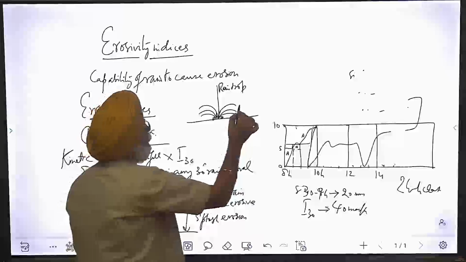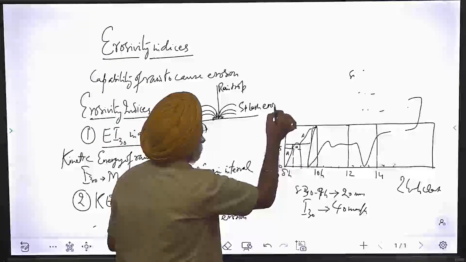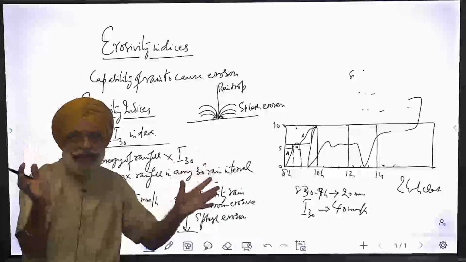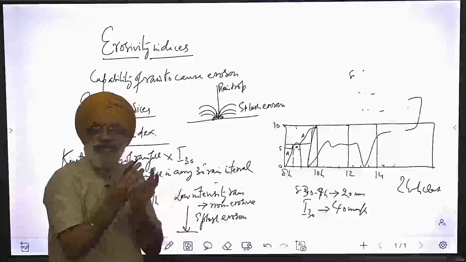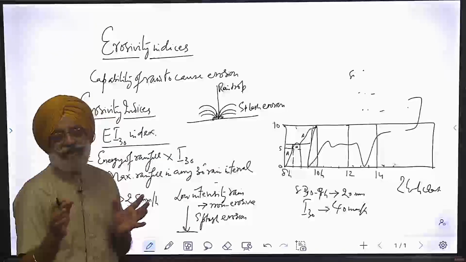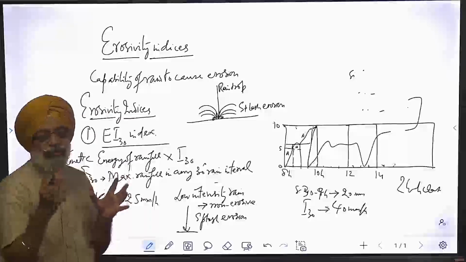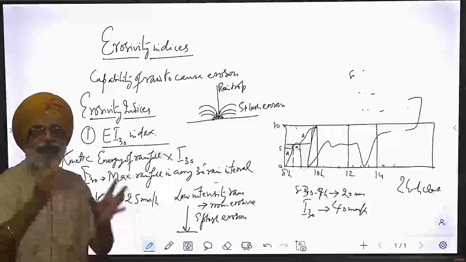This is what we call splash erosion. Now, these particles have been detached and thrown away at some distance, but there is not sufficient runoff to carry these.